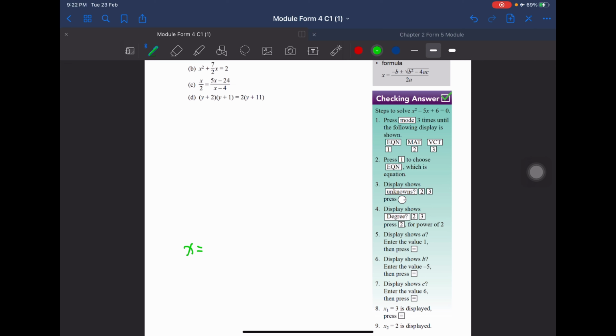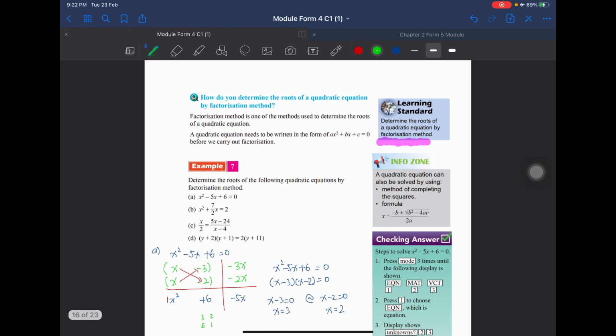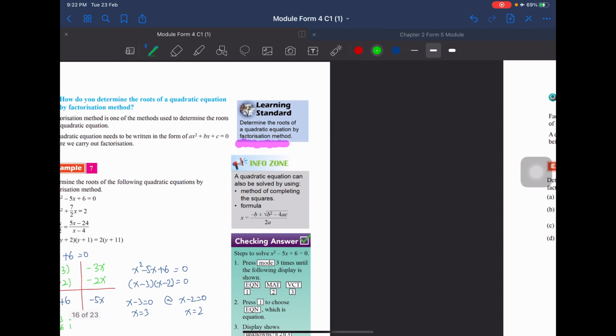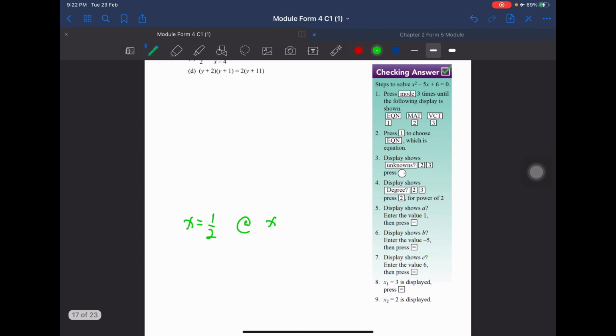Kalau dalam calculator dia akan keluar 0.5. Awak ubah dalam bentuk pecahan, akan dapat 1/2, or X equals to, satu lagi tadi apa? Negative 4. So macam mana kita nak buat backward solution kalau ada nombor pecahan macam ni?